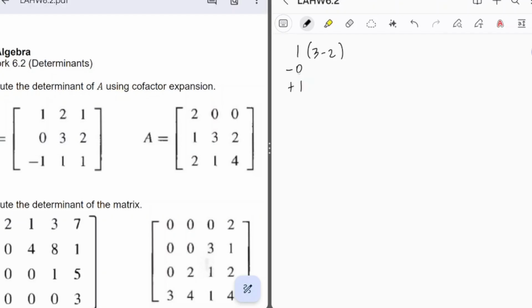Plus -1, I don't know why that would be a minus. -1 times, get rid of that row and that column, take the other determinant, that's 4 minus 3. So 4 minus 3, that's going to be equal to 1 minus 1, and that's going to equal 0.